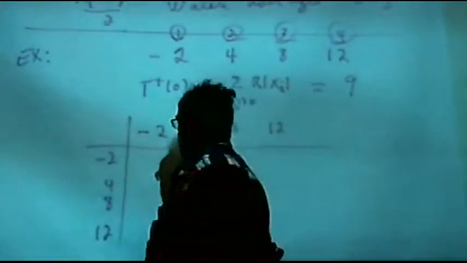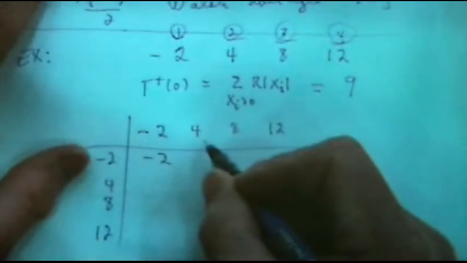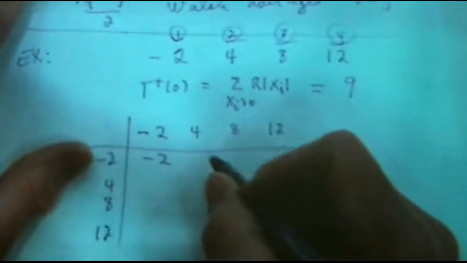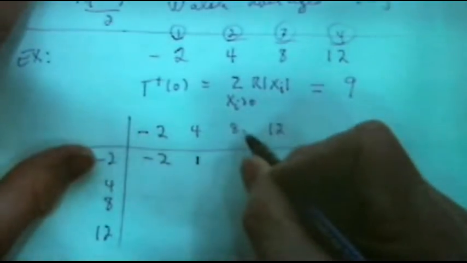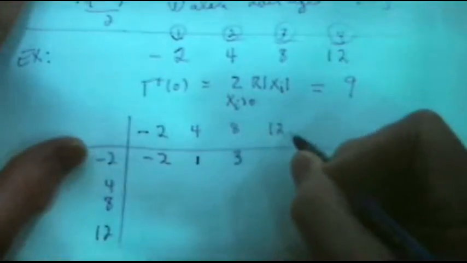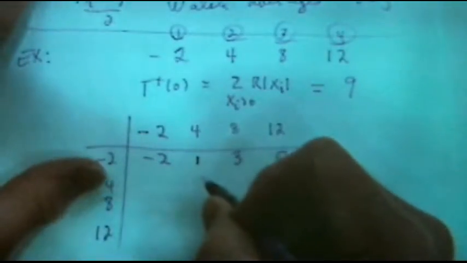Okay, 1 and 2 are gone. -2 plus 4 is 2. Divided by 2 is 1. This would be 6. This would be 10. And then you just need the upper part of the table.